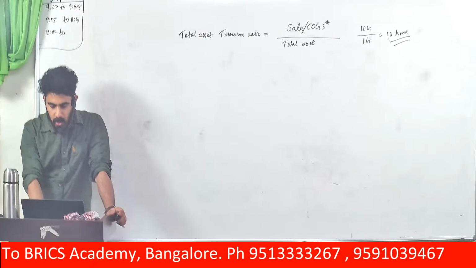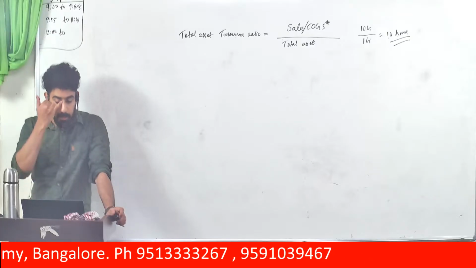So inventory turnover ratio is over: COGS or sales divided by average inventory.